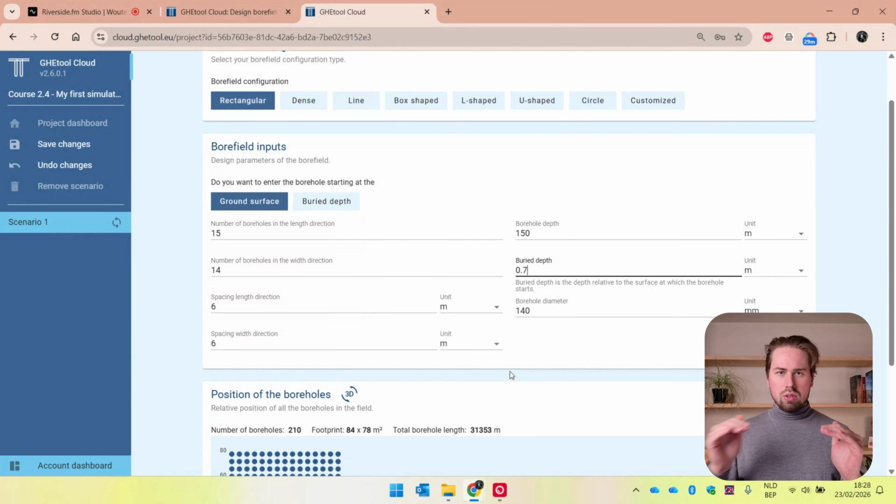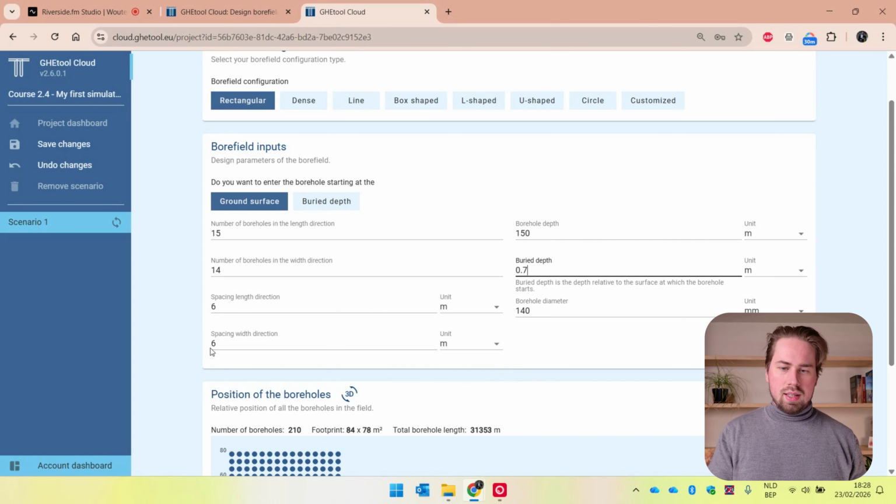So if you have the ground surface, typically almost a meter below is your horizontal network, and then your borehole starts. So if we drill 150 meters deep and we connect everything at 0.7 meters below surface, our borehole is actually 149.3 meters long. So that's a little bit the idea here.